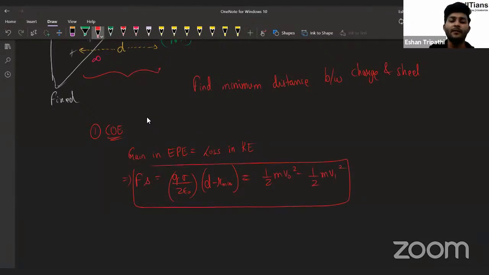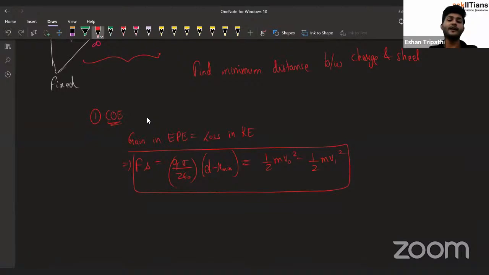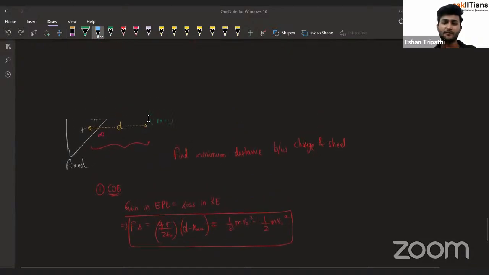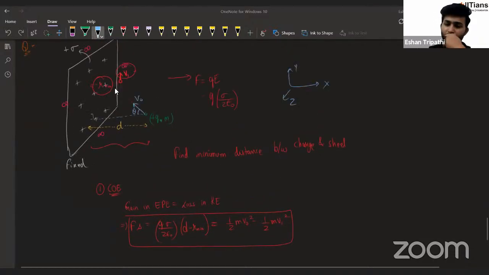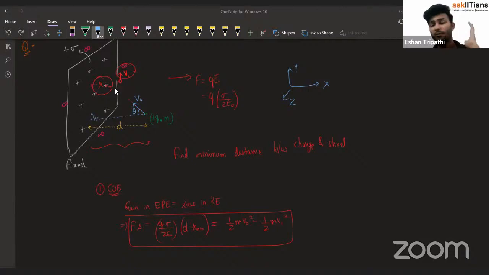Fine, we have got one equation, but we need one more because we do not know the value of v1. So how do we find v1's value, guys? Any suggestions? About which point? If you're thinking, guys, I have got this suggestion number of times now, conservation of angular momentum.